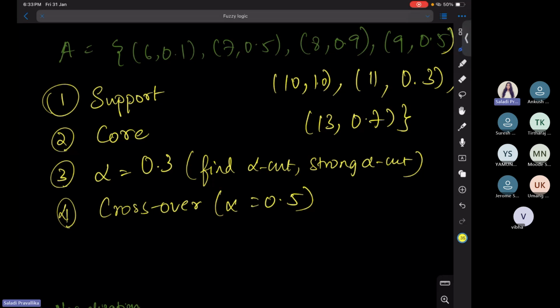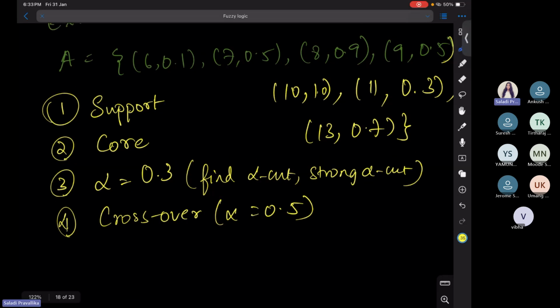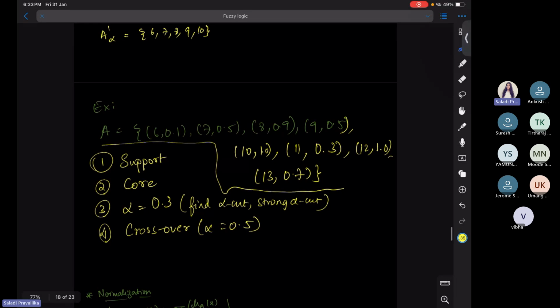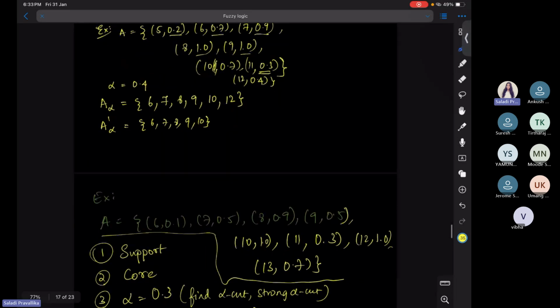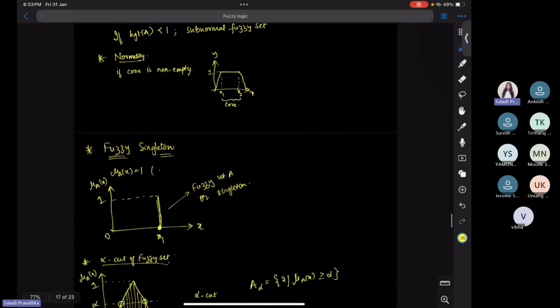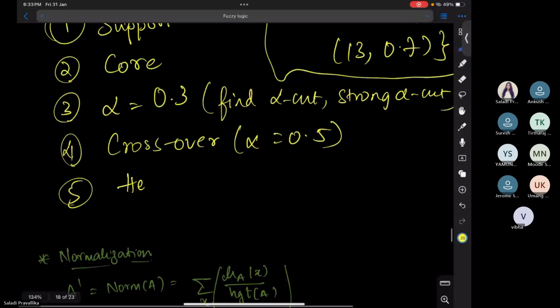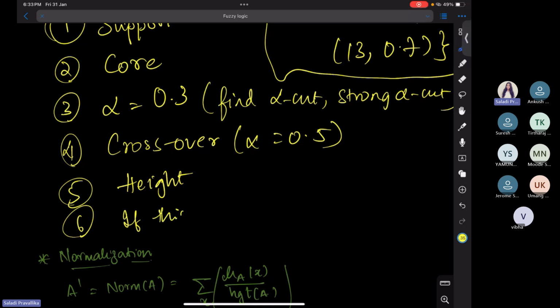So for the given fuzzy set A, find the support, core, alpha cut, strong alpha cut, and crossover when alpha equal to 0.3 for the alpha cuts. And also the height, and whether this is a normal set or not a normal set.